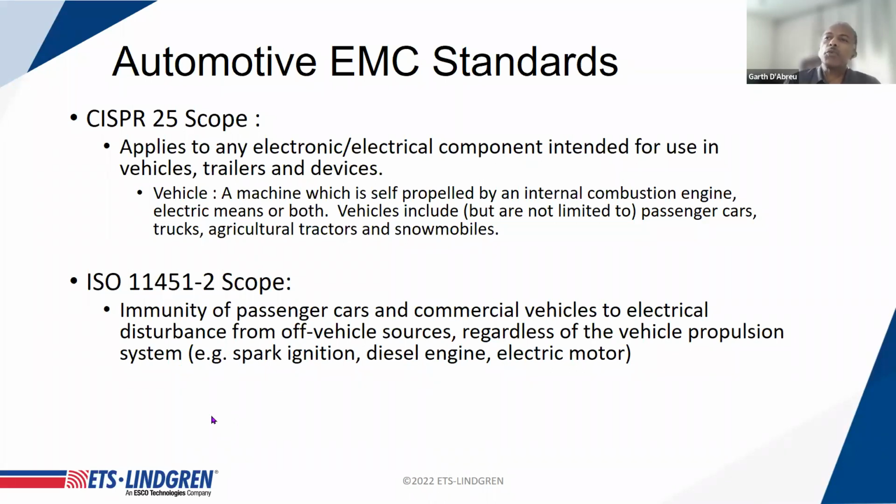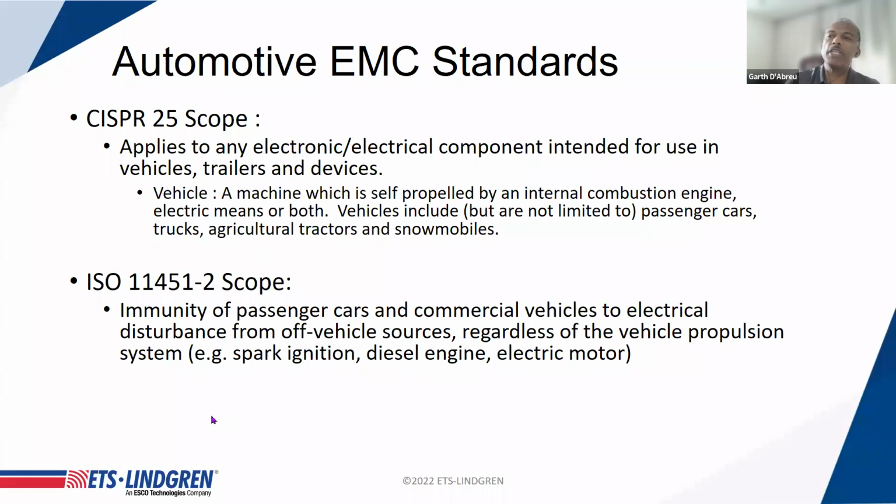So if we look at CISPR 25, this covers component emissions measurements, and CISPR 12 covers full vehicle emission measurements. And there's a subtle difference between the two in that CISPR 25 looks at emissions that could affect the receivers on board the vehicle, whereas CISPR 12 looks at emissions from the vehicle that could affect receivers that are not on the vehicle.